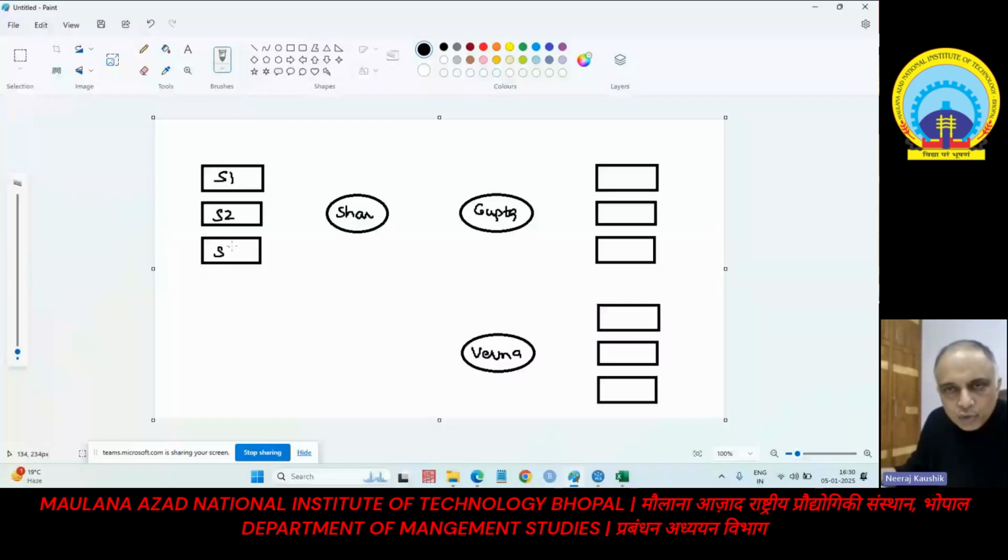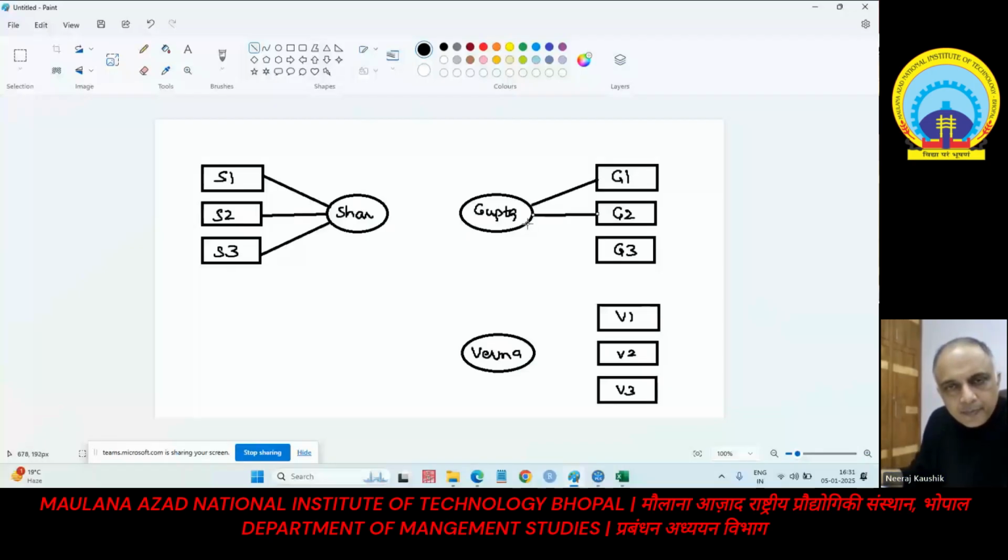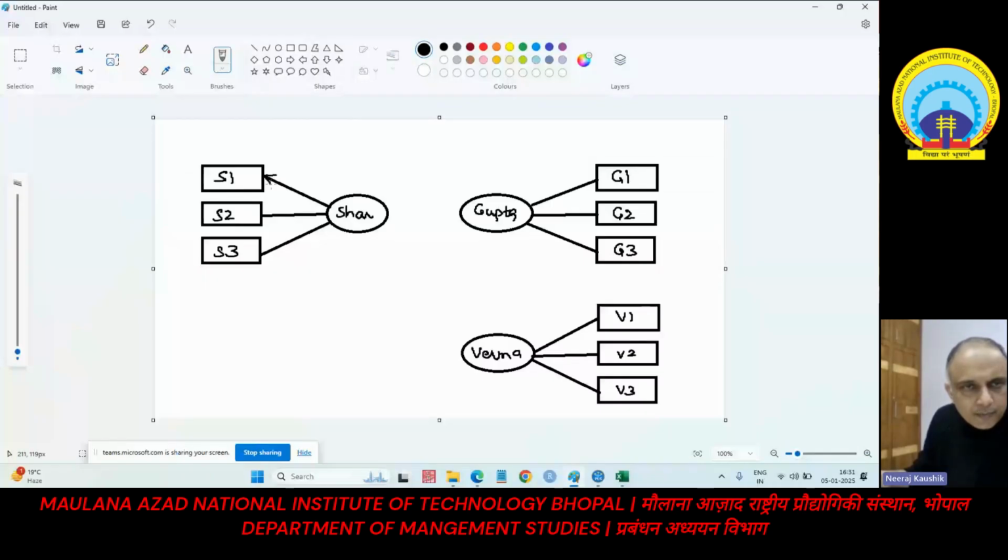Guptaji 1, 2, 3, and Varma 1, 2, 3. Is that okay, ma'am? All three families are reflective in nature, meaning the arrow direction will be from the circle to the box. Let me put the direction of the arrow.